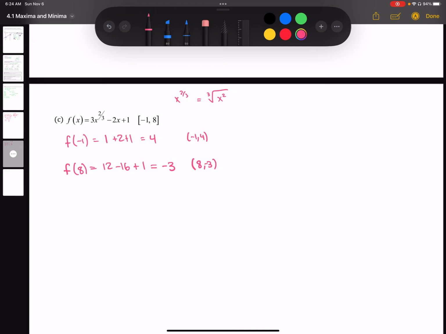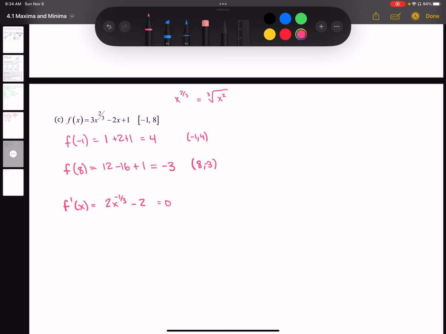So f prime of x is equal to 2/3 times 3, which is 2. We want to get 2x to the -1/3 minus 2. And if we set that equal to 0, what would I do if I were you?